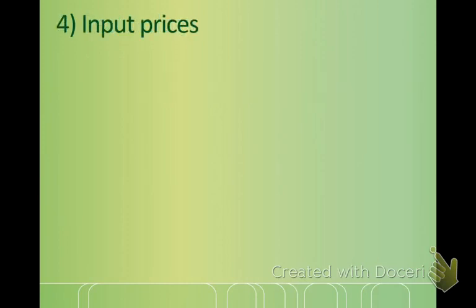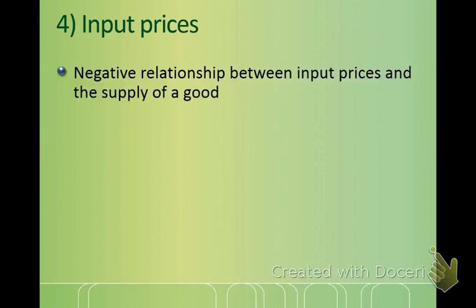Technology. Input prices. Okay? Another common thing that affects supply. Input prices. If the ingredients to pizza go up, you'll have to supply less. Negative relationship between input prices and the supply of goods.